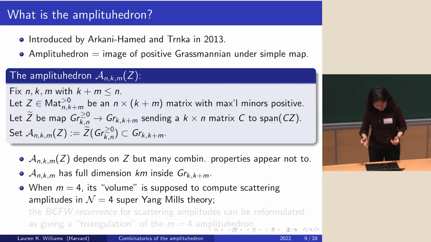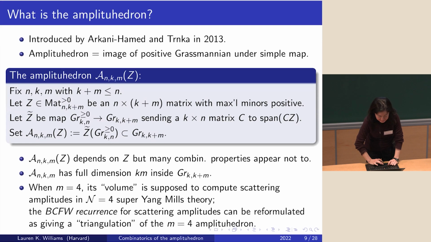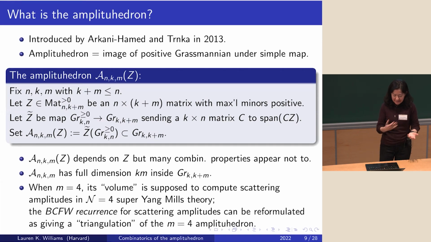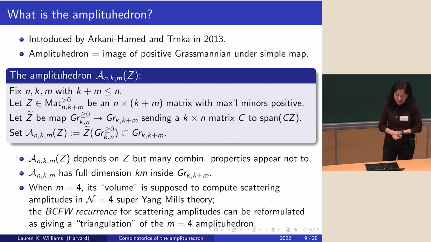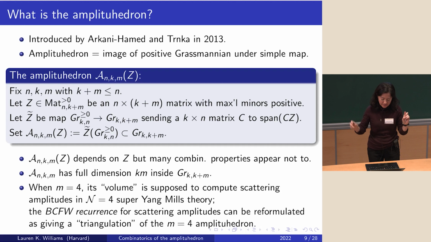When m is 4, which is the case most interesting to physicists, its volume is supposed to compute scattering amplitudes in N equals 4 super Yang-Mills. And why is that? That is because this BCFW recurrence, so Britto, Cachazo, Feng, and Witten, this recurrence for scattering amplitudes can be reformulated as giving a kind of triangulation of the m equals 4 amplituhedron. Okay.